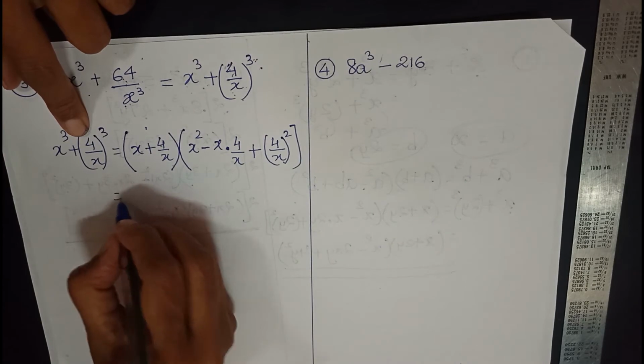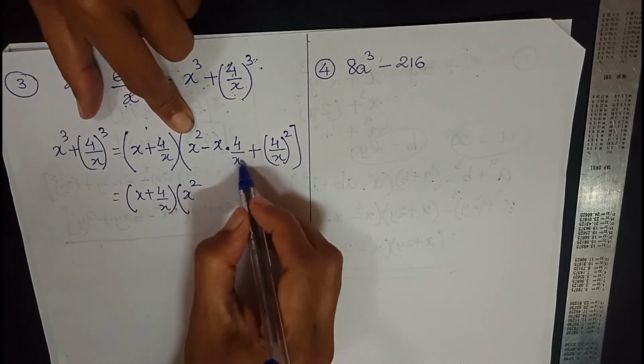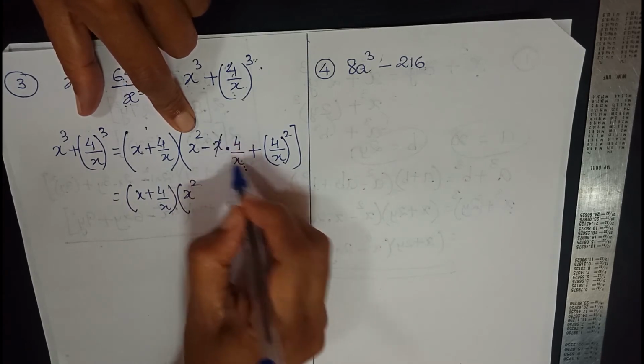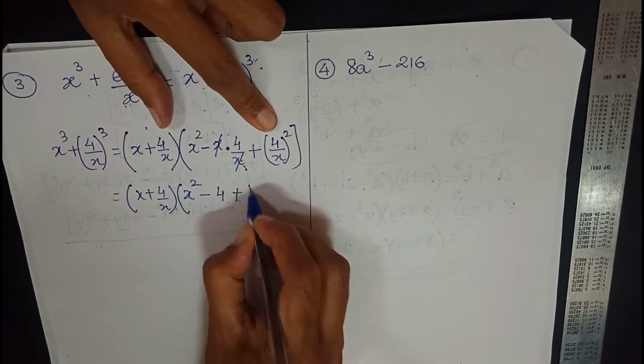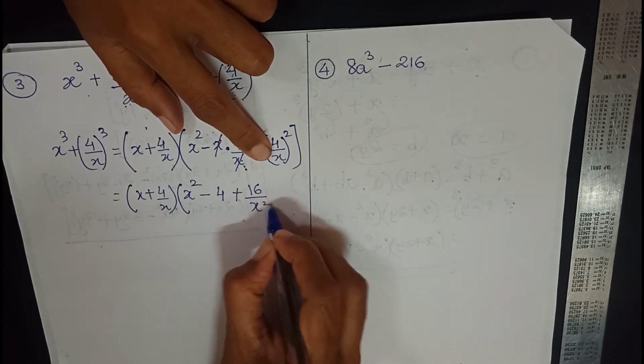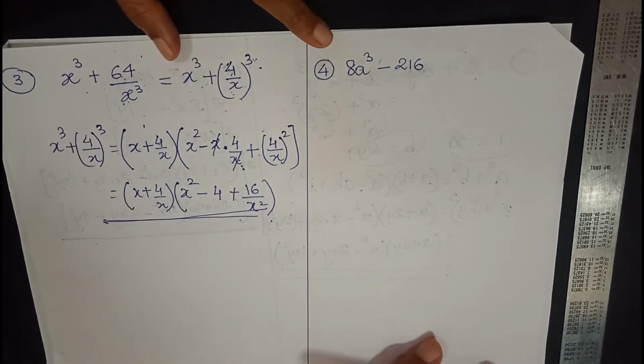Let's complete it out. x plus 4 upon x, x square. Now you can see one x is in the numerator, one in the denominator. We cancel it. What remains is minus 4 plus 4 square is 16 upon x square. So that gives us the answer.